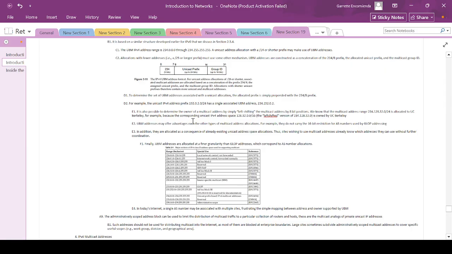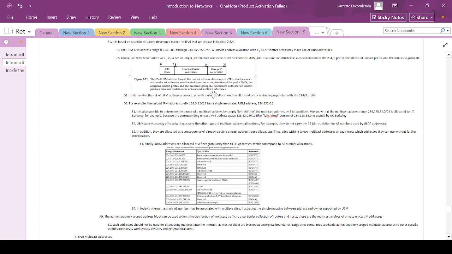For the IPv4 UBM address format, for unicast address allocation of /24 or shorter, associated multicast addresses are allocated based on concatenation of the prefix 234/8. So any unicast address allocation of /24 or shorter is concatenated with 234/8, assigned unicast prefix, and the multicast group ID.